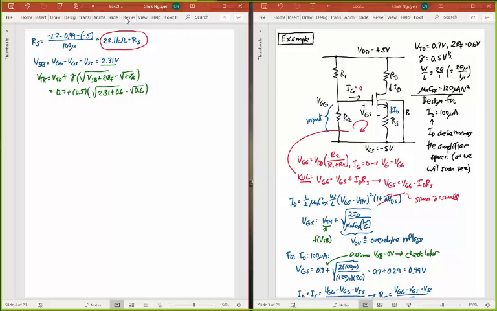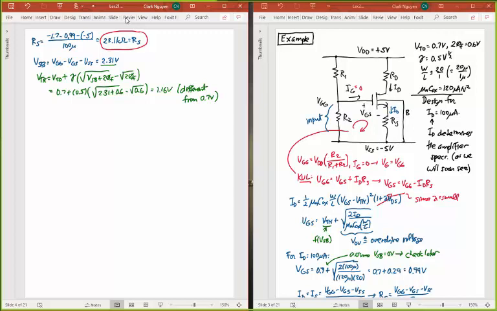And this then ends up being equal to 1.16 volts. That's different from the original 0.7 volts that I assumed. Okay, since that's different, I want to do an iteration.